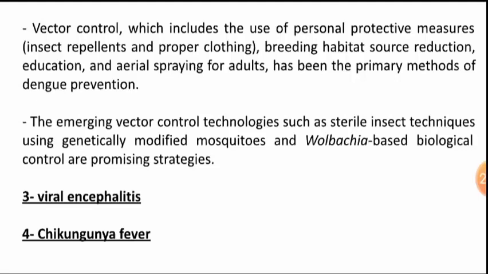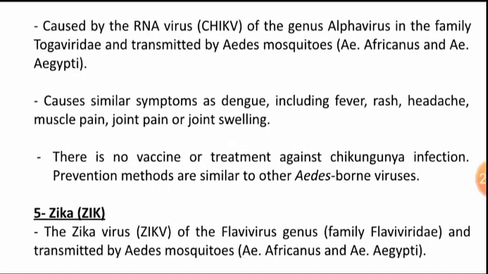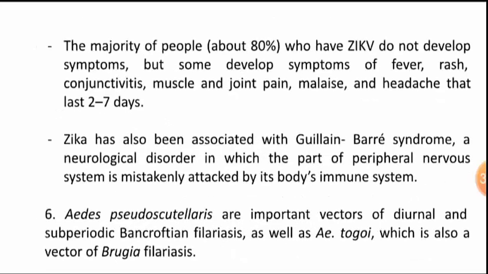After yellow fever and dengue fever, Aedes transmit viral encephalitis and Zika virus. Zika virus, of the Flavivirus genus, family Flaviviridae, is transmitted by Aedes mosquitoes such as Aedes aegypti and Aedes africanus.